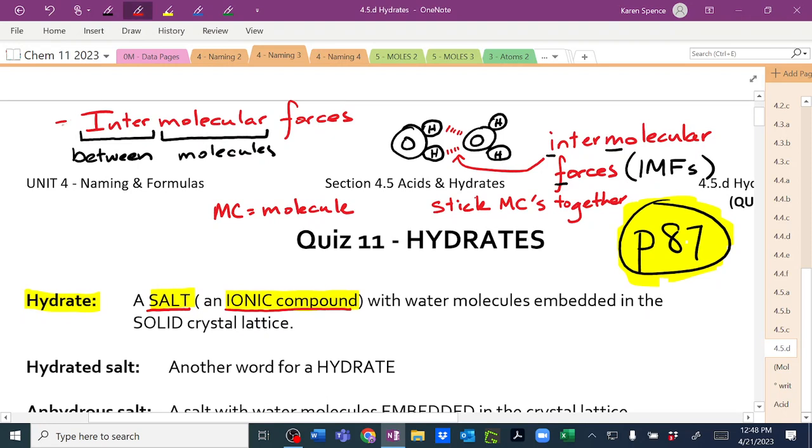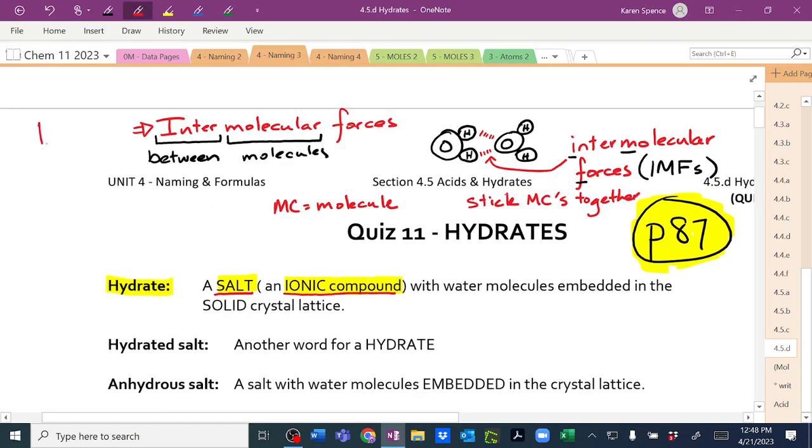But intermolecular forces are weak. Compared to other things, they're quite weak.